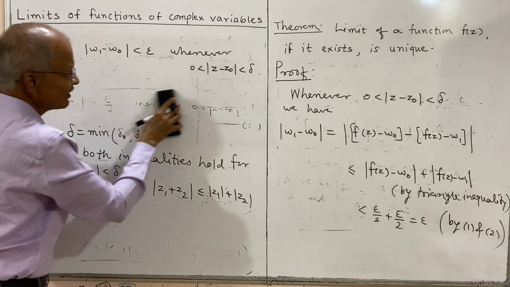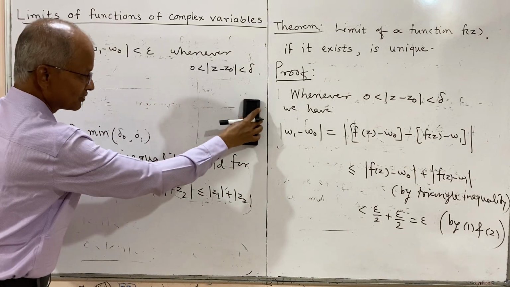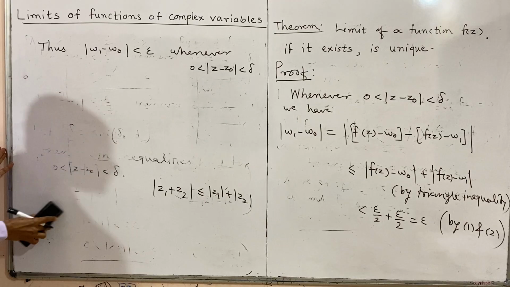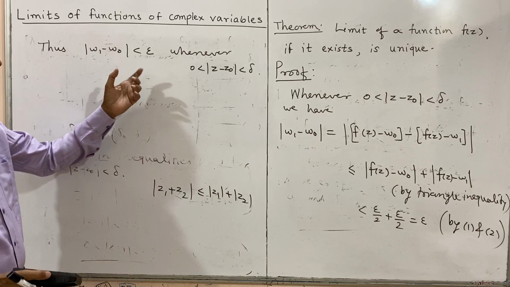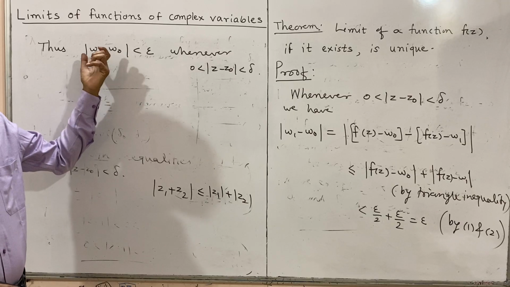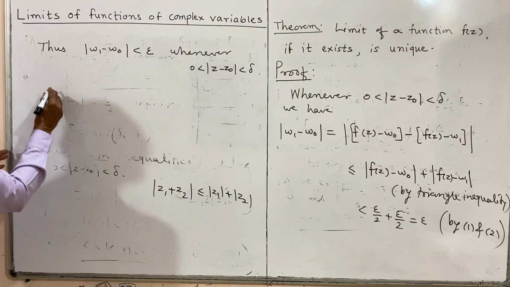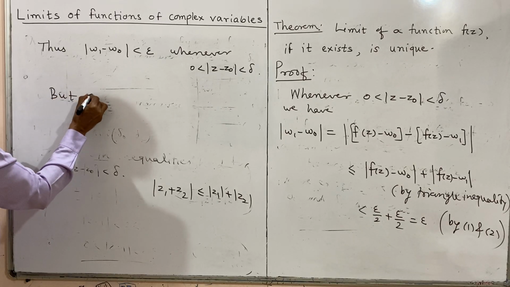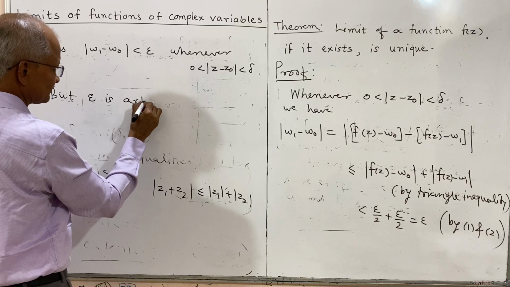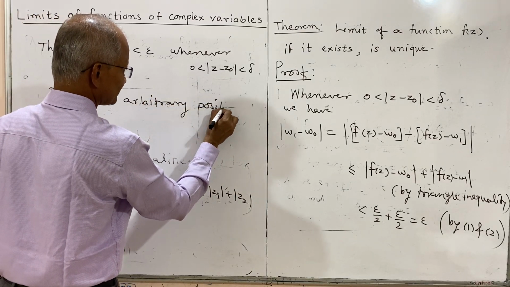Now, we have here that epsilon is an arbitrary positive number, and it can be made as small as possible, and therefore we can have this value close to 0.